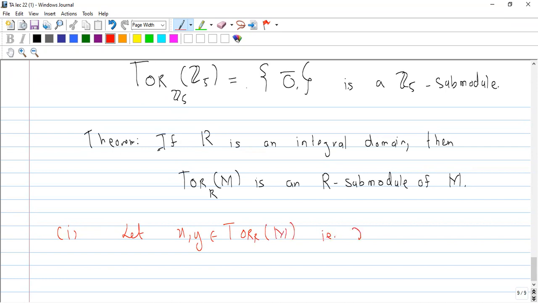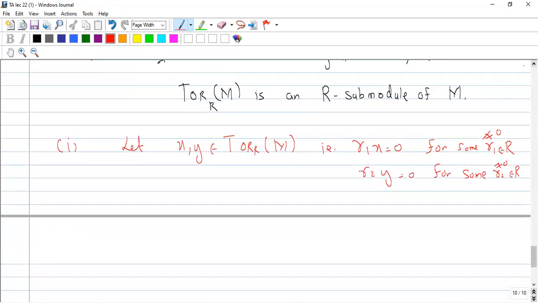It means that r1 x is equal to 0 for some r1 not equal to 0 in R, and r2 y is equal to 0 for some r2 which is not equal to 0 in R, because these two elements are Torsion elements. x and y are Torsion elements.